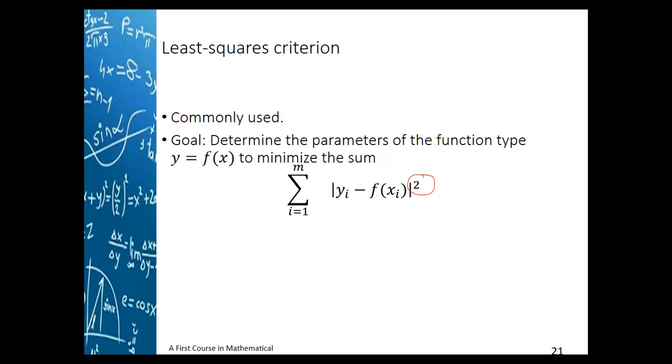Why is that so nice? Because first, you still get the benefit from the previous criterion, the one that we could not solve earlier. You have the sum of your absolute value, but now you are able to solve it because we don't deal with absolute value anymore. That's why we introduce square.